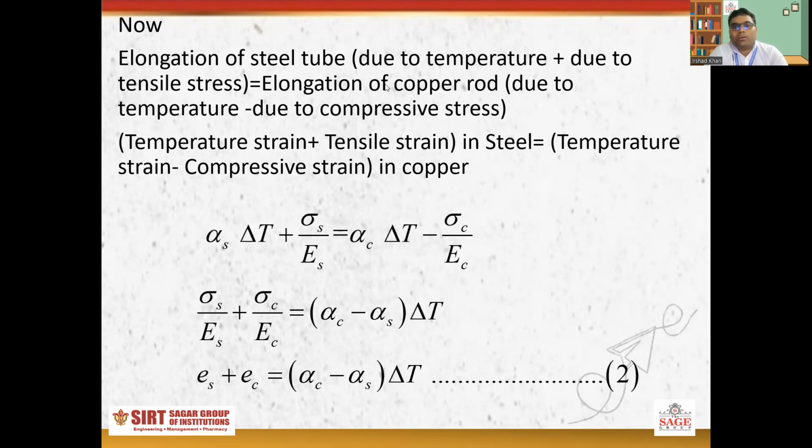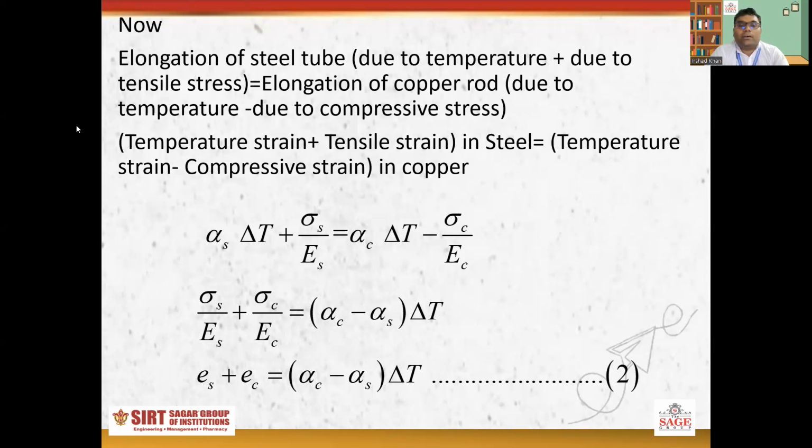So elongation of copper is due to the temperature minus the compressive stress offered by steel on the copper. So temperature strain plus tensile strain in steel equals temperature strain minus compressive strain in the copper.